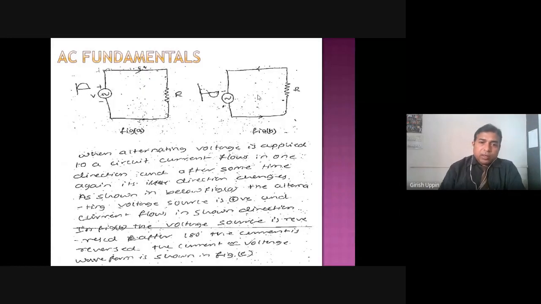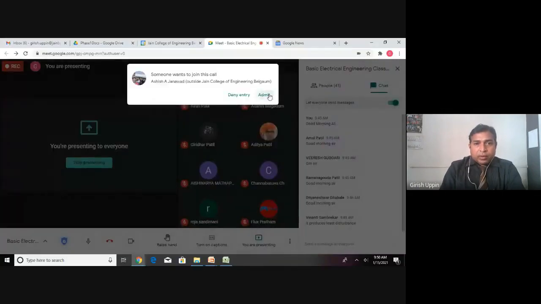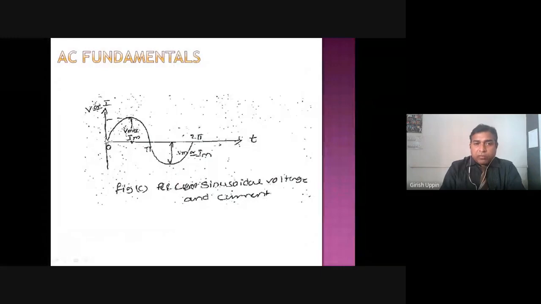And as we know, when you apply the alternating voltage to the circuit, the direction of the current keeps on changing. For the first half cycle, it would be in one direction, and the next half cycle, that is the negative cycle, the current is going to reverse its direction. And this is how we represent the alternating quantity, voltage or current, using the sine waveform. This sine waveform will start from 0 and reach the maximum value.